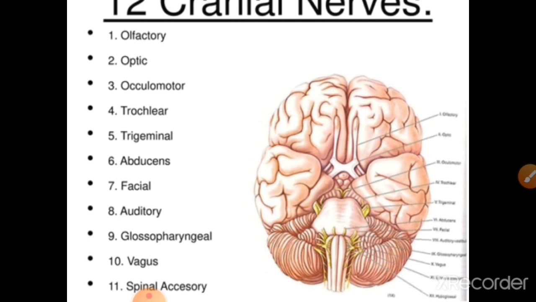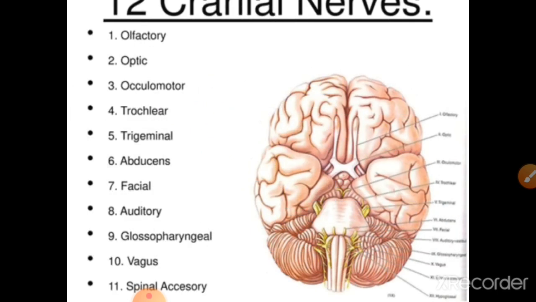So all these names of the nerves, you have to remember in your higher classes, and when you sit for your competitive exams, these names usually come. All right, and we have spinal accessory, and that is the 11th nerve.